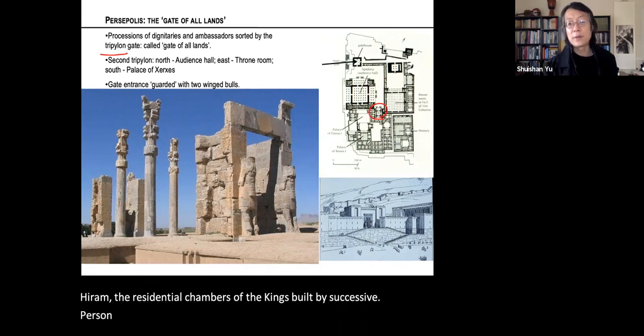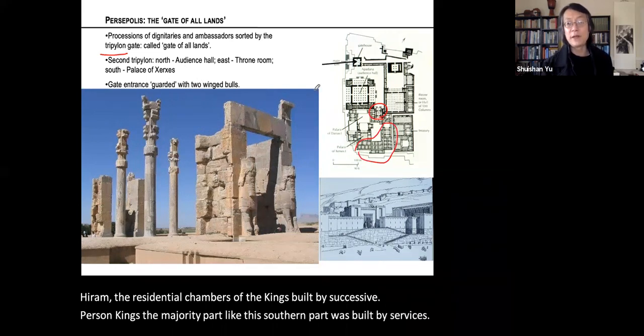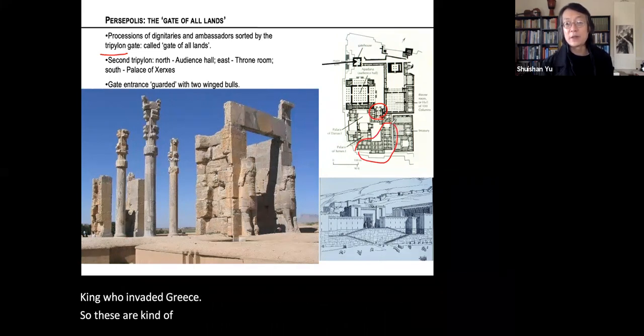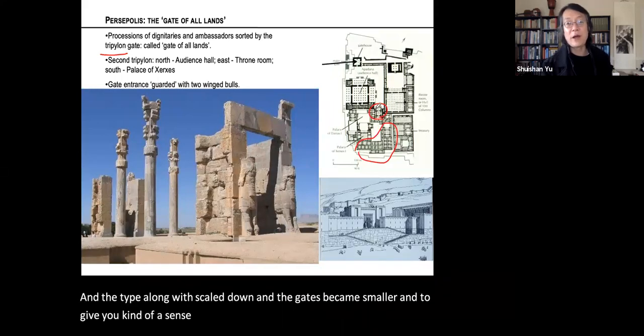The majority part, like this southern part, was built by Xerxes, the king who invaded Greece. So these are more private quarters, and the tripylon was scaled down, and the gates became smaller, to give you a sense of privacy.